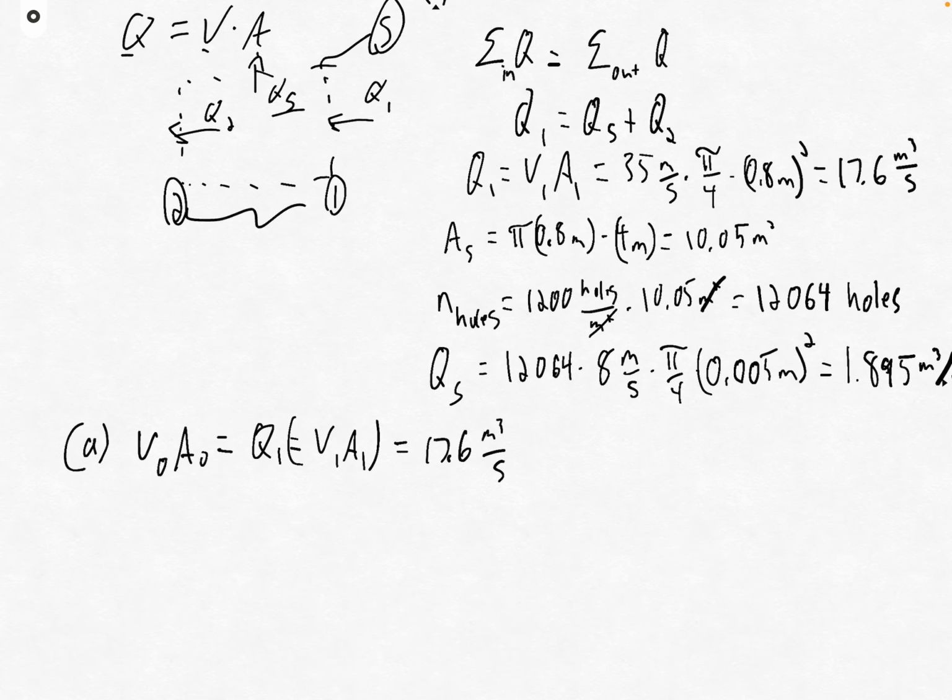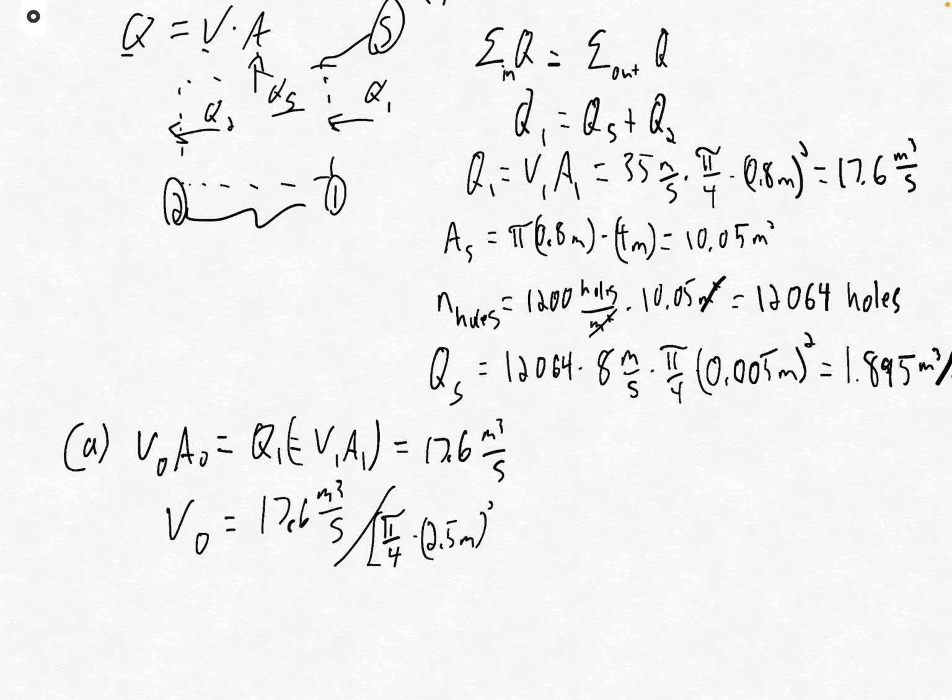And so to find V0, we're going to say V0 is equal to 17.6 meters cubed per second, divided by A0, which is pi over 4 times that diameter, which is 2.5 meters, squared. Put all that together, we should get that V0 is going to be 3.58 meters per second.